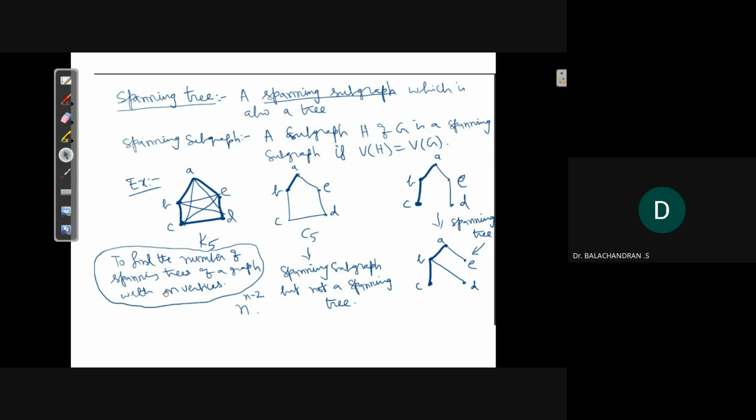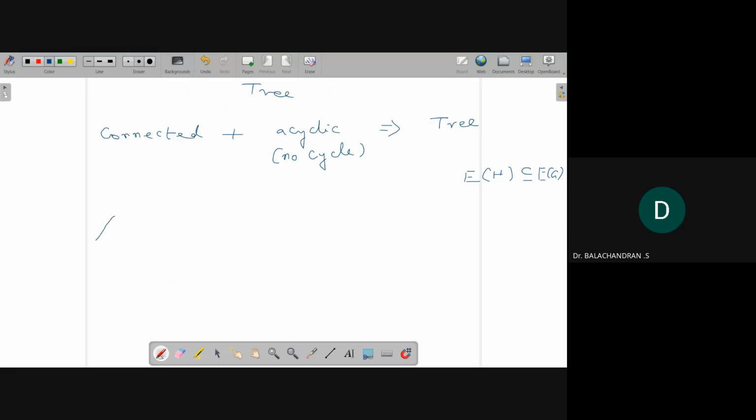The next idea is, if a graph is given, to find the number of spanning trees of a given graph with n vertices. You should know that the total number of spanning trees of a graph with n vertices is n power n minus 2. For example, K3.